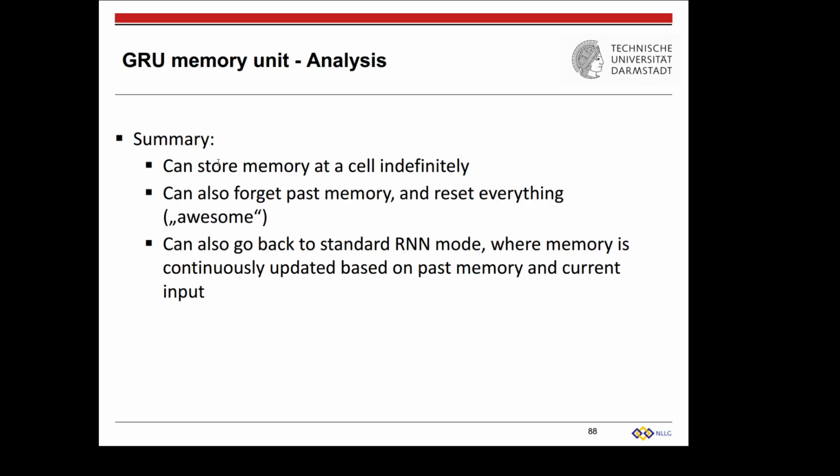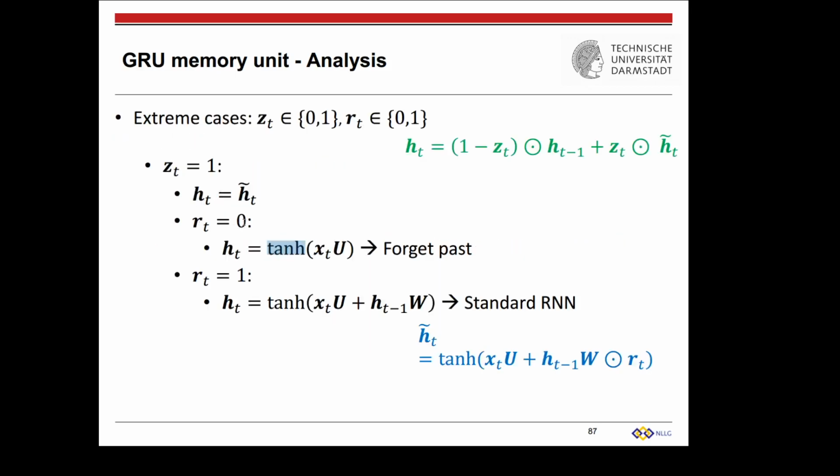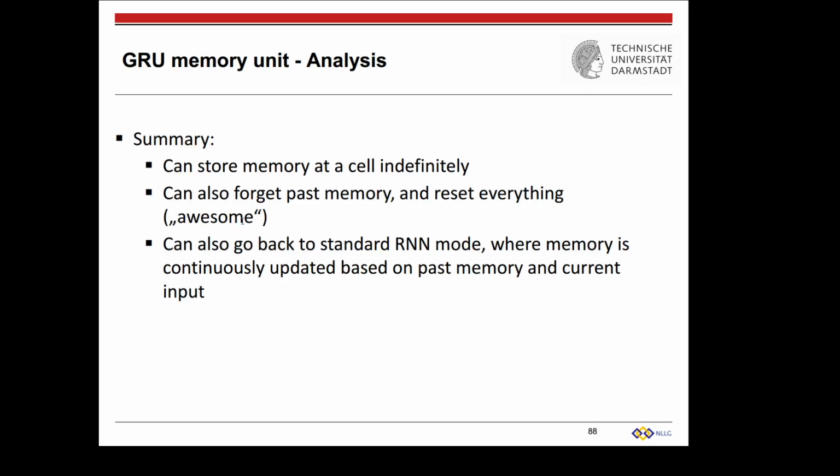Depending on the extreme case, we can store the memory indefinitely, so we get no vanishing gradients. We can also say we want to forget the past memory and reset everything, start from 0, so to speak. Note that this was the case when the reset gate is 0, so it's a little bit of a misnomer. This gate should more be called an anti-reset gate.